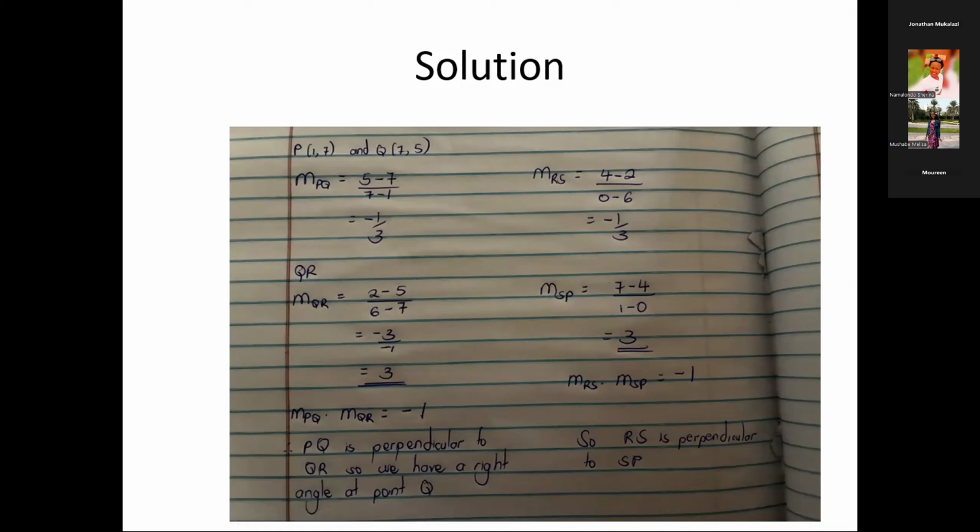Hope you all agree. Then the same thing for RS and SP: multiplying the slopes of RS and SP, -1/3 times 3 gives us -1. So RS and SP are perpendicular.